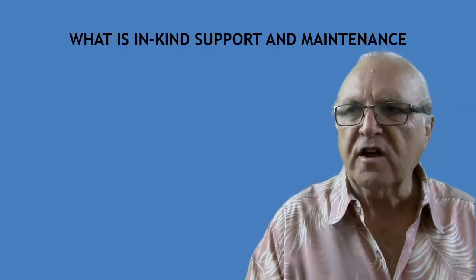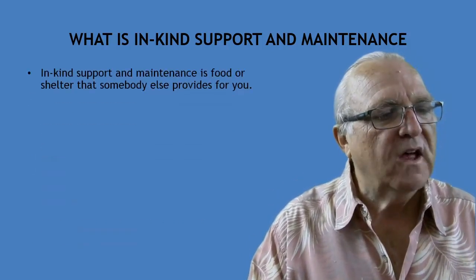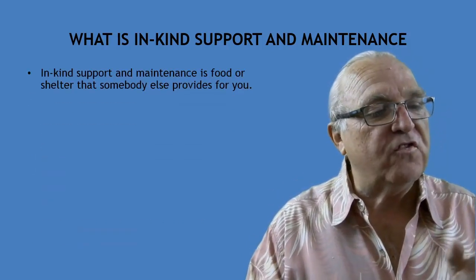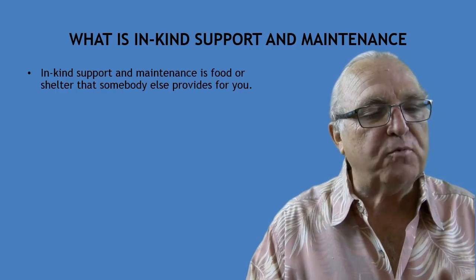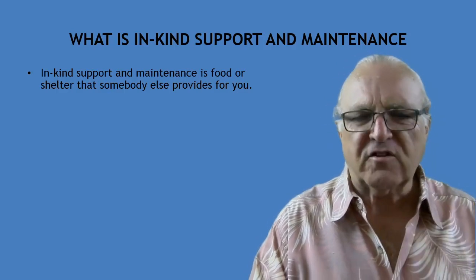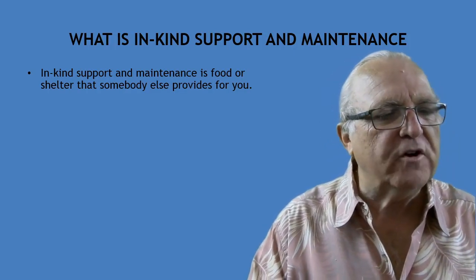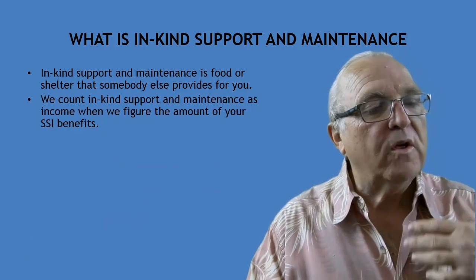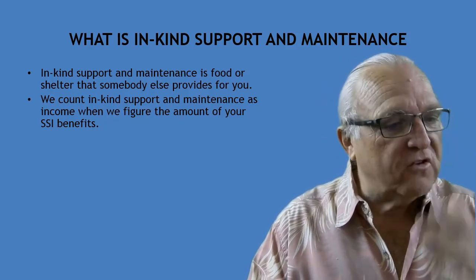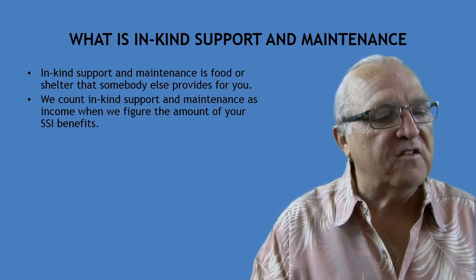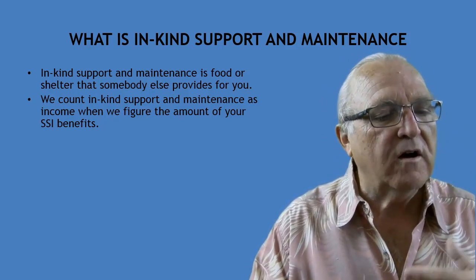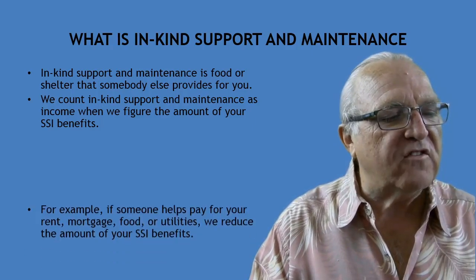So let's go to, once again, the part of the Social Security webpage that talks about in-kind support and maintenance at the link that I had talked about before. In-kind support and maintenance is food or shelter that somebody else provides for you. Now, very typically the way they write this, they're writing it to the SSI recipient here. So we, meaning the Social Security Administration, count in-kind support and maintenance as income when we figure the amount of your SSI benefits.